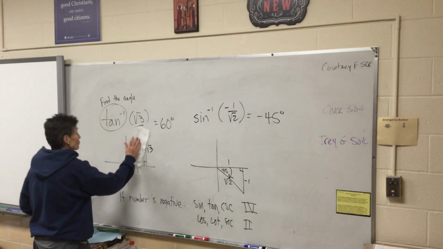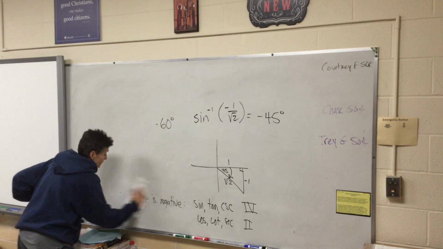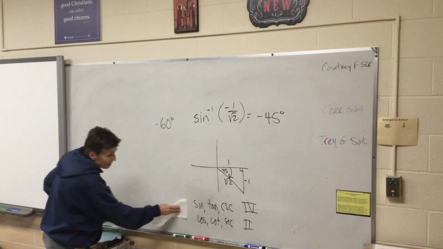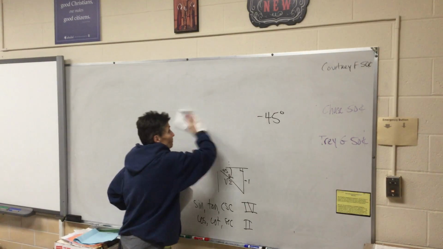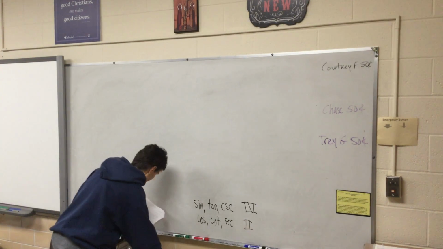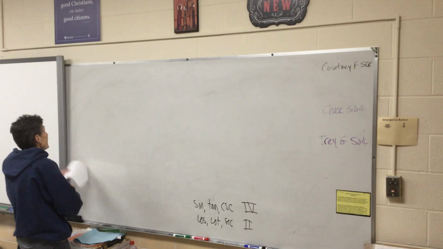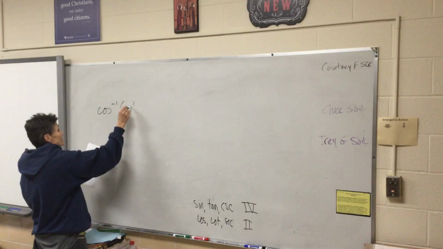All right, let's try this one. This time, I'm going to erase this. I hope you have that written down. I'll leave it for just another second, but get those rules written down. So we have the angle whose cosine is negative 1/2.